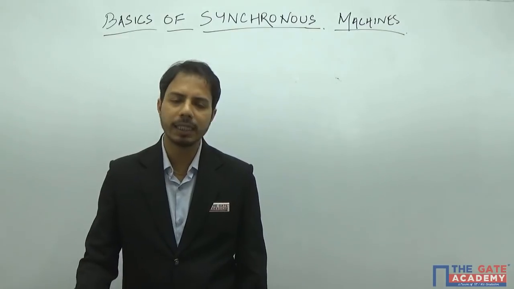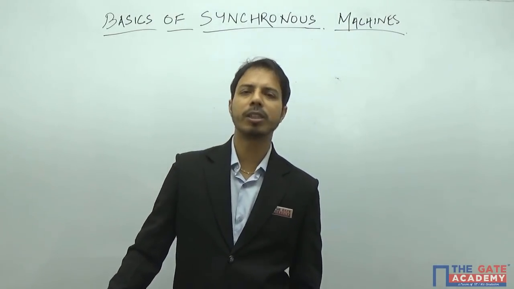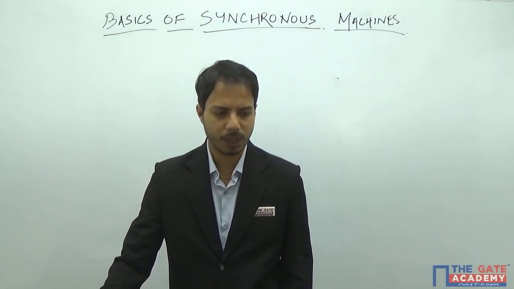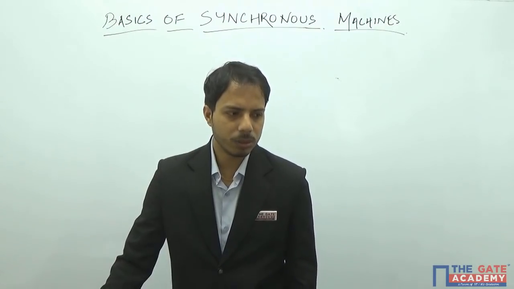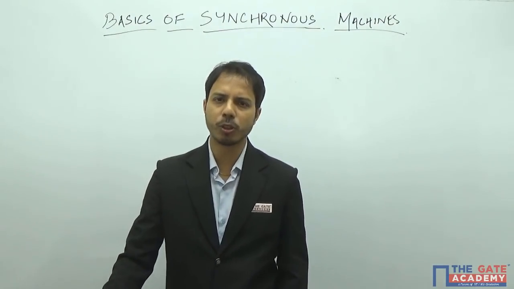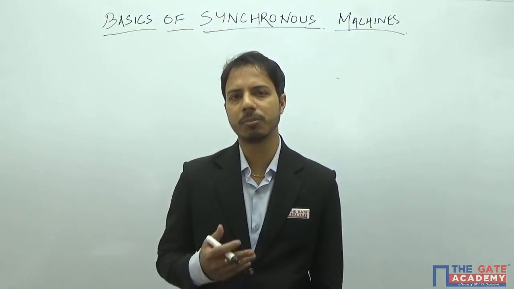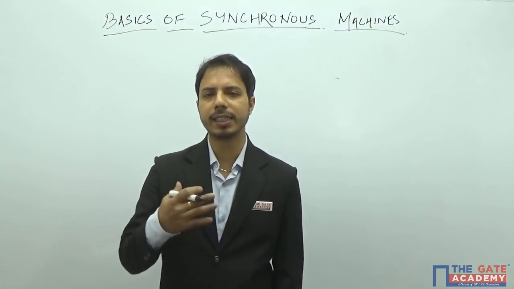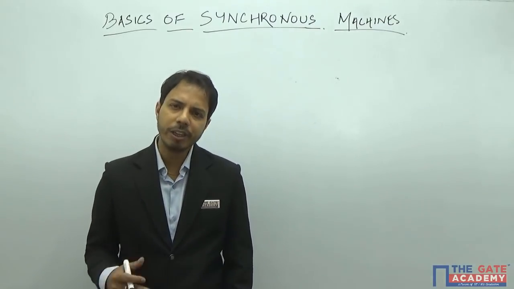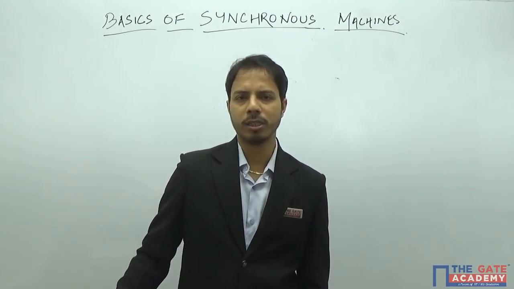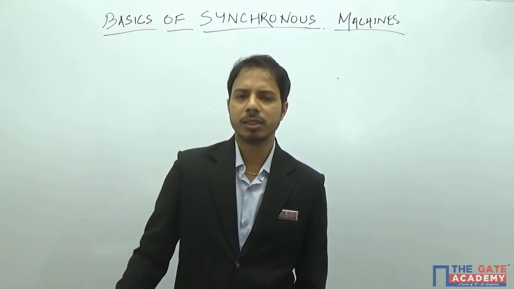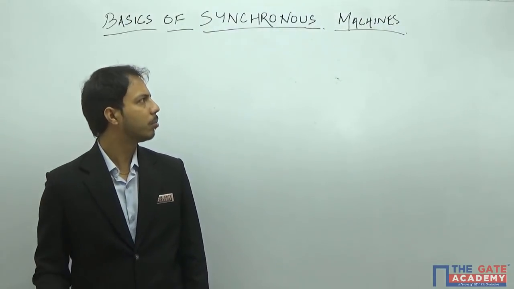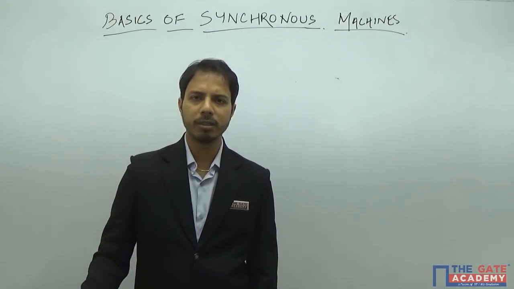First one is the cylindrical rotor. Second one is the salient pole rotor. In both these types of rotors we have a DC supply, or DC excitation, and some field is produced by the rotor itself. The synchronous machine is also known as a doubly excited machine.